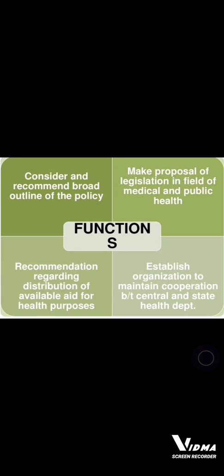Then after making the broad outline of the policy, they will make one proposal of legislation in the field of medical and health. After making the policy, there are several health policies present. How are they made? First the broad outline is made, then after that they make one proposal.